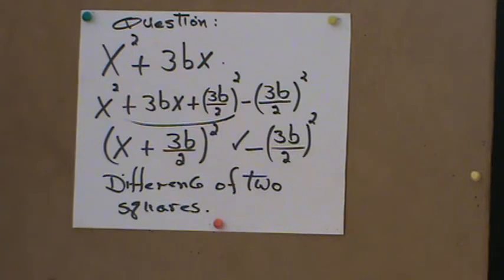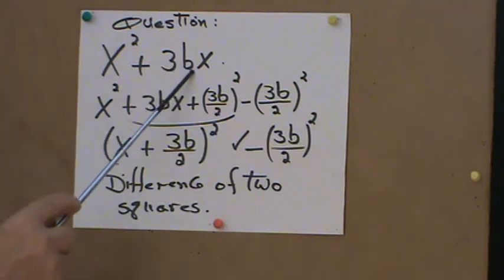Now, for instance, if I have a rational number like 3 over 2, then in the formula previously, twice first times second, 2 times 3 over 2 gives me 3, and 3 is not an even number, it's an odd number. So the recipe that I gave, I had to use that word because I'm teaching in a cookbook style. But the recipe that I gave before, take half of the coefficient of x, the coefficient of x does not have to be an even number.